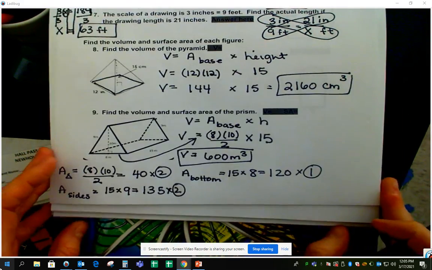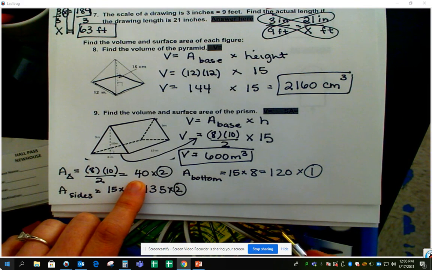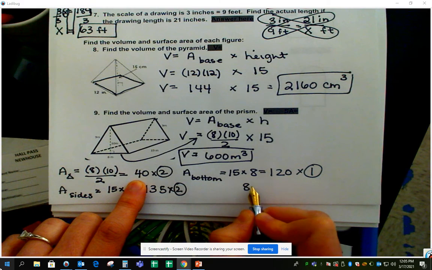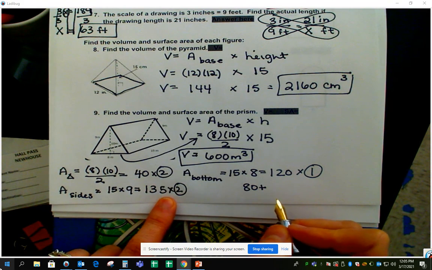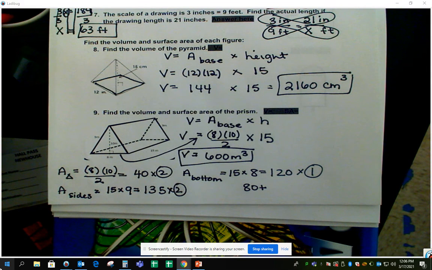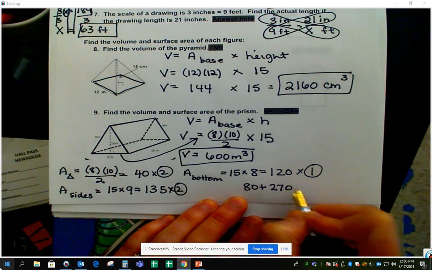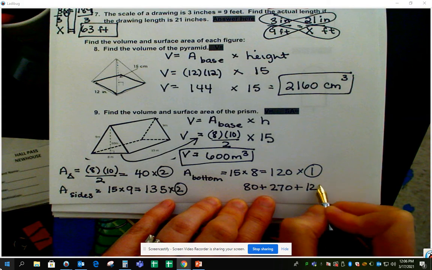Always double check that you've got all of them. So 40 times 2 is 80. 135 times 2 is 270. And then 120 times 1 is 120.